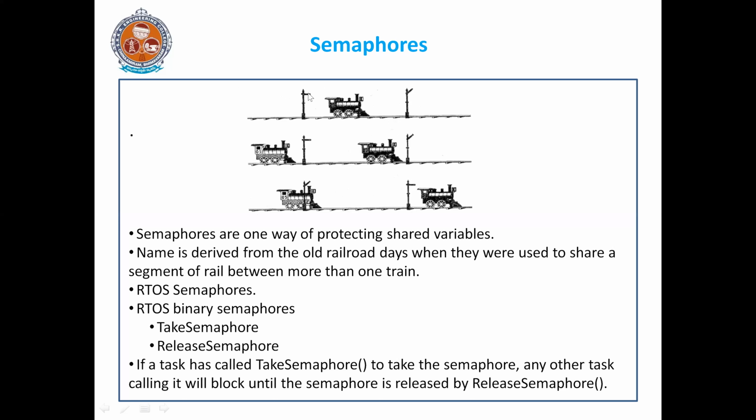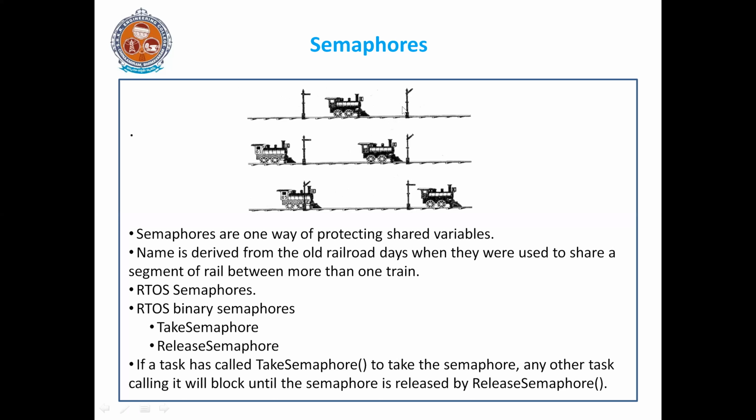Suppose you can see a lever here. In the ancient railway systems, the signal will be either up or lowered. This means lower and this means up. If it is lowered, it indicates that the train should not enter this section. This is some critical section.